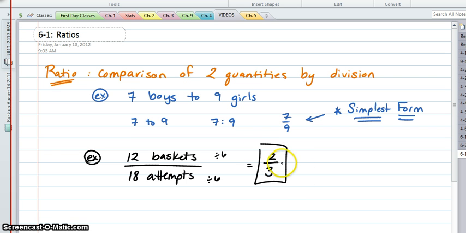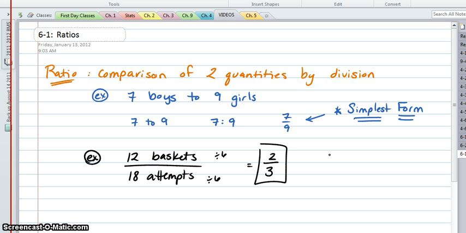Please note that in your final ratio, you do not need to have labels. We still need to understand what these numbers represent, so you may be asked to explain what they mean. And in this case, we know that we have a ratio of 2 to 3, and that means that for every 3 shots attempted, 2 were made.